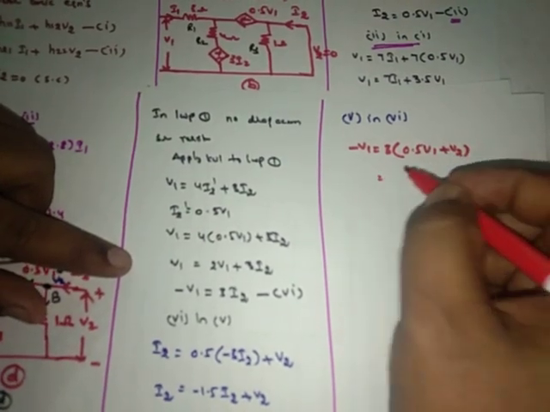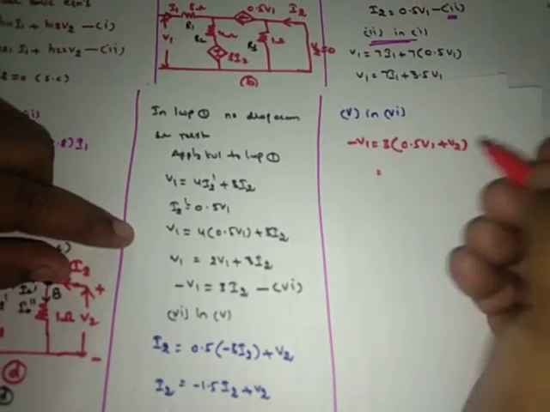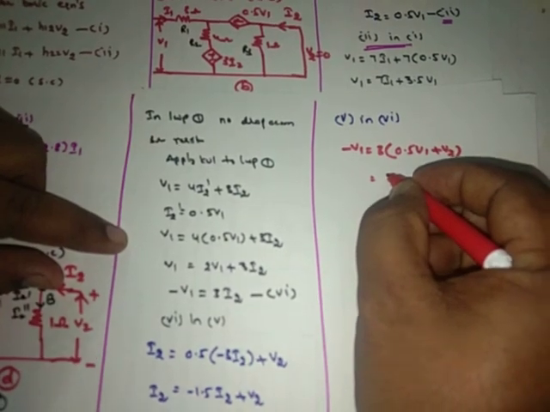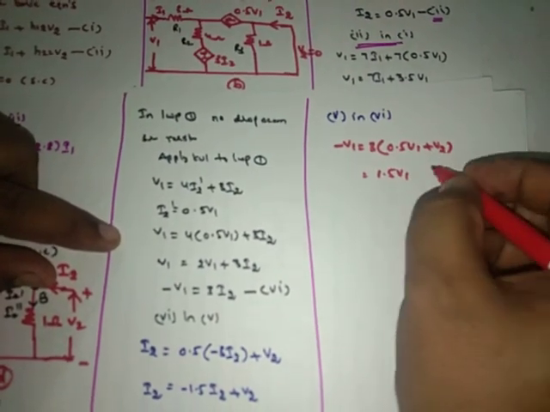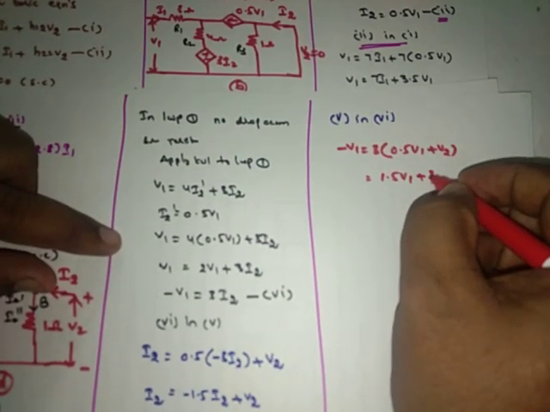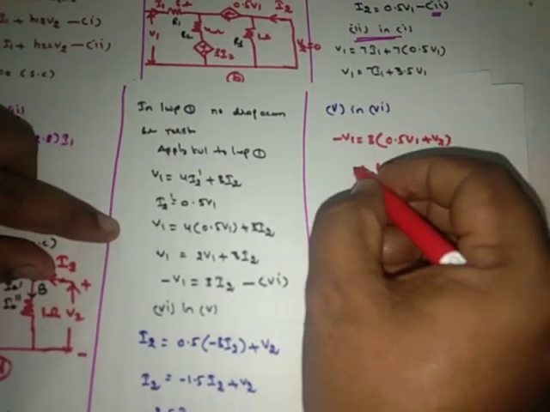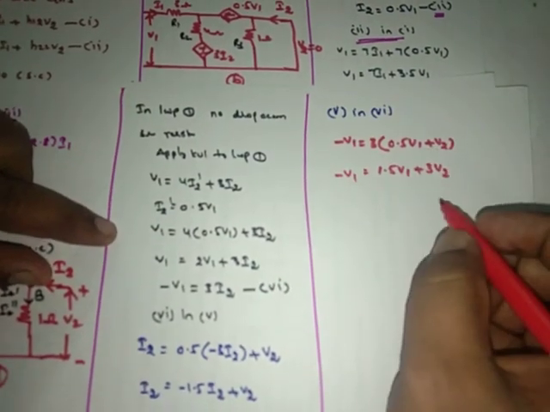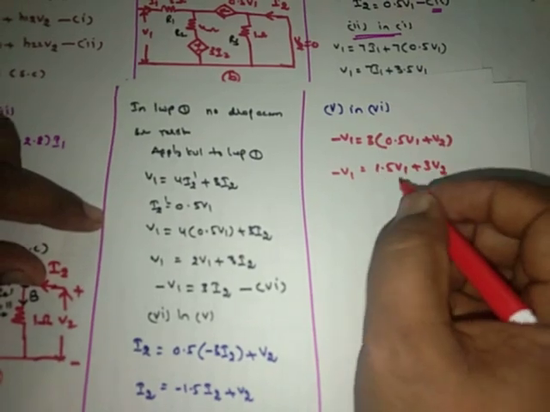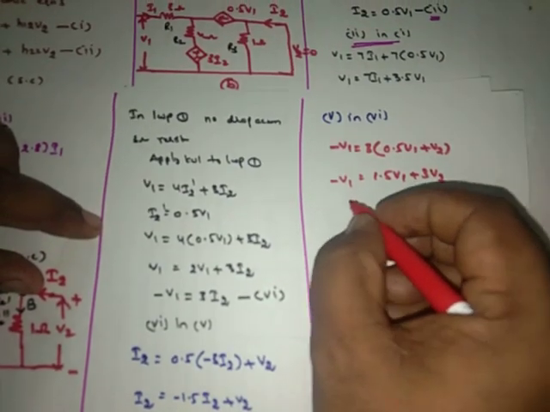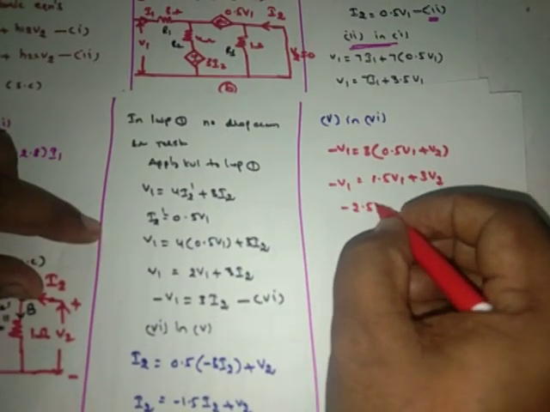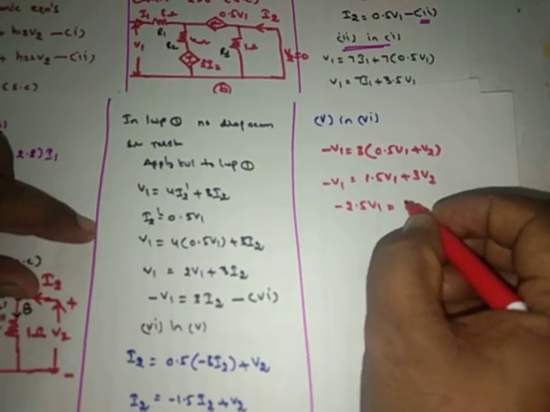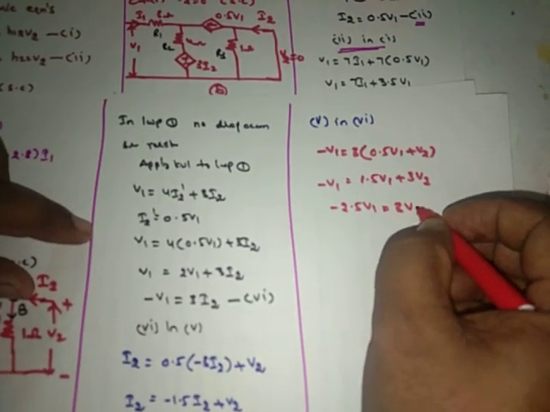Then simplify this one. Then 1.5 V1 plus 3 V2 is equal to minus V1. Taking this side, minus 2.5 V1 is equal to 3 V2.